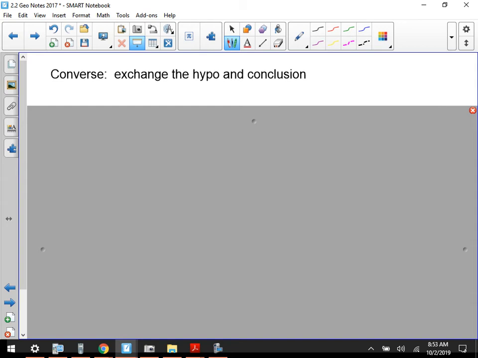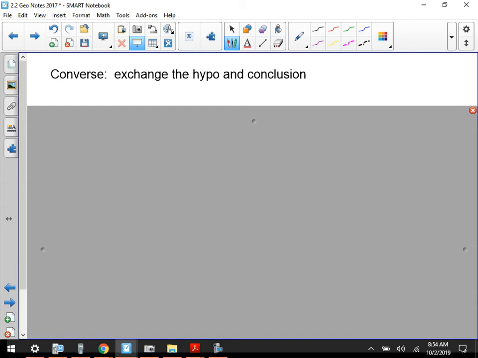So what I would say here for going backwards, Q implies P, basically you're saying it in reverse. If lines intersect, then they are perpendicular. See how we exchanged the two parts?